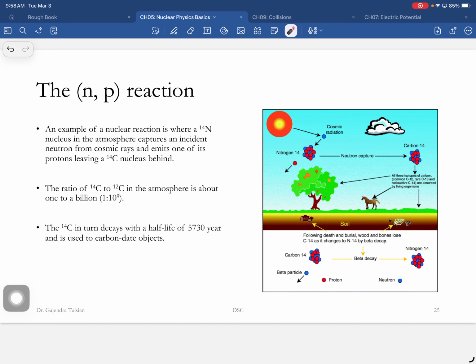For every billion carbon-12, there's 1 carbon-14. So here's a tree that is alive, and every billionth atom in it is carbon-14, while it's taking in carbon dioxide and stuff like that. As long as it's alive, every billionth atom is carbon-14. Now, once the tree dies, it can't incorporate carbon-14 anymore. And what happens to the carbon-14?